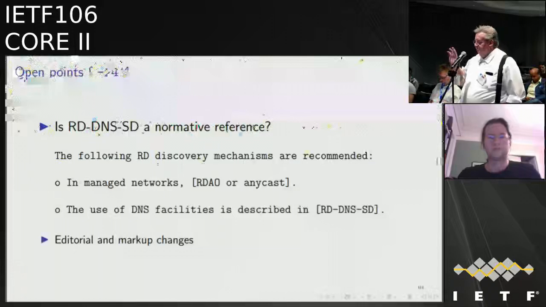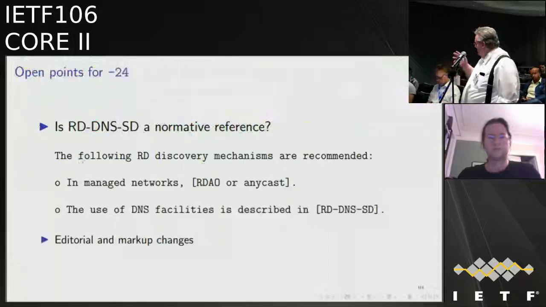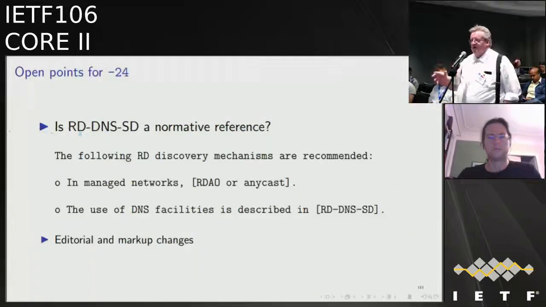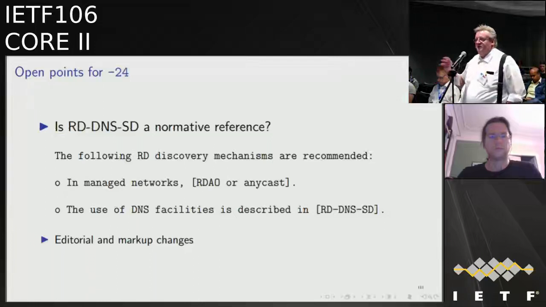So just as a reminder, we are not talking about service discovery or resource discovery at the moment. We are talking about resource directory discovery, which is a pretty fluffy thing anyway. We are not giving very precise guidance here, but we are mostly listing ways this can be done.